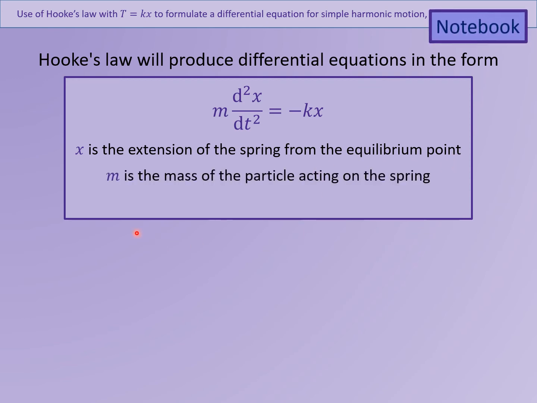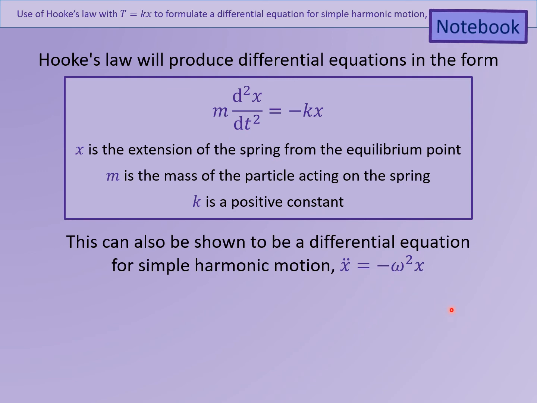What else is different then? m is the mass, that's okay. And k is a positive constant. If you do a simple bit of rearranging and divide by mass, you can see that you've got your simple harmonic motion equation: x double dot equals minus k over m x, where minus k over m is the same as your omega squared.